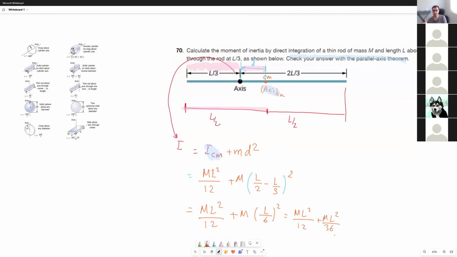Everything's right? Did you understand the procedure? Questions? Now, to further simplify this, there's going to be 3 plus 1, 4 ML squared. That's going to give me ML squared over 9, right?